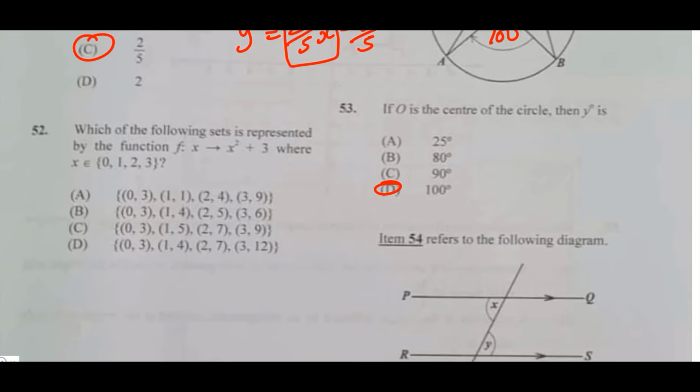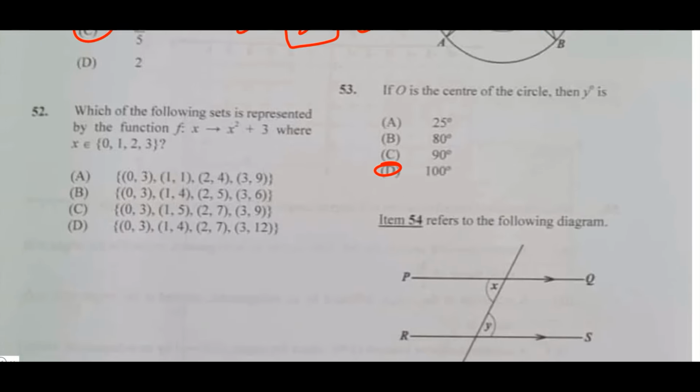Alright, number 52, which of the following sets is represented by the function f such that x maps onto x squared plus 3, where the x values are the set 0, 1, 2, 3. So we can plug in and test.